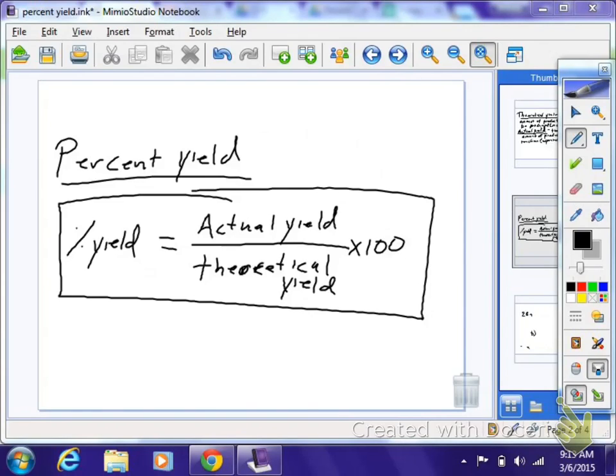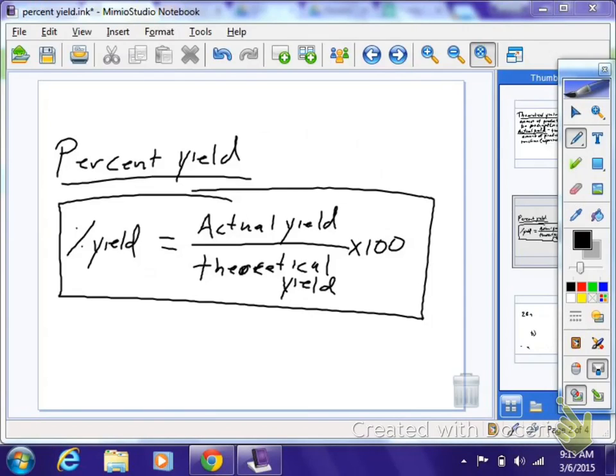In baseball, they call it .500. I'm batting .500. But it's actually 50% of the time I'm getting on. Okay? And so that's just a ratio. So a percentage is just a ratio. You guys know that. Okay?